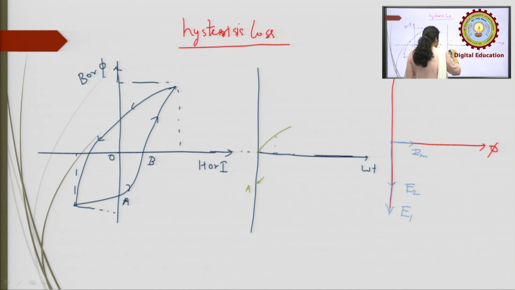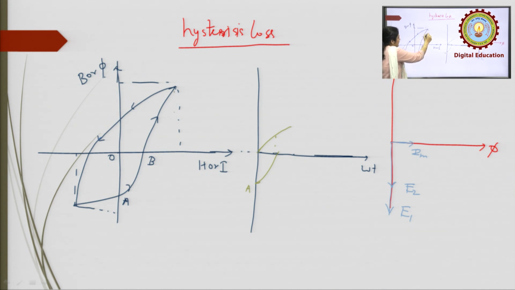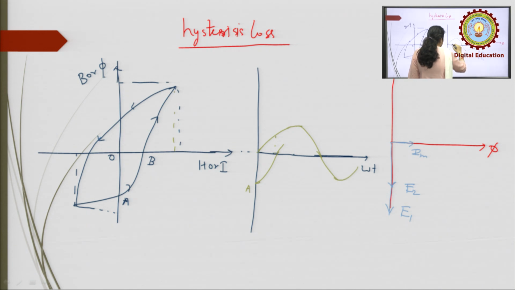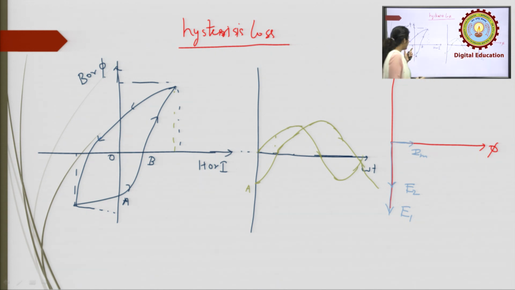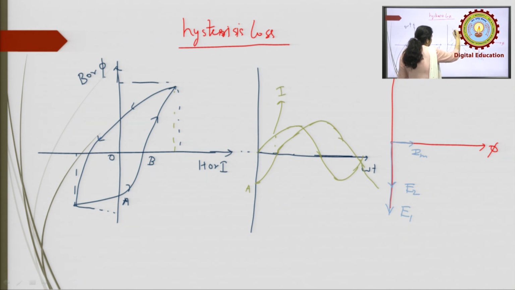After that, at this point, it is a maximum, but both have some finite value. So this is the current and this is the flux. Due to this, it is called the hysteresis loop of the material.